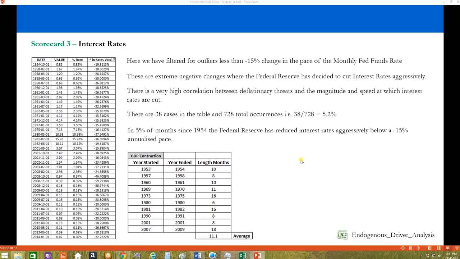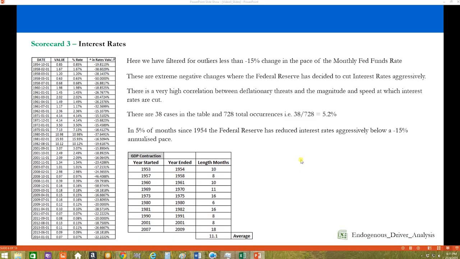Now, when we add these up, there's basically 38 cases in the table, and in total, there's 728 total occurrences. So this is basically 5% of times. And if you recall, when we looked at distributions, 5% of times is roughly a 2 standard deviation move. So these are not very regular situations.